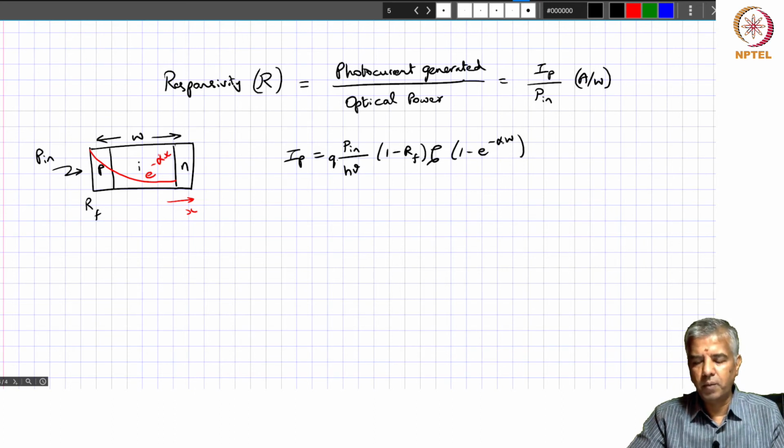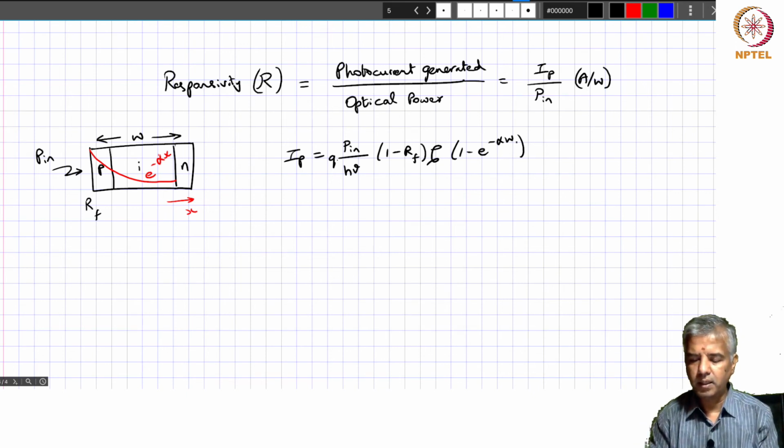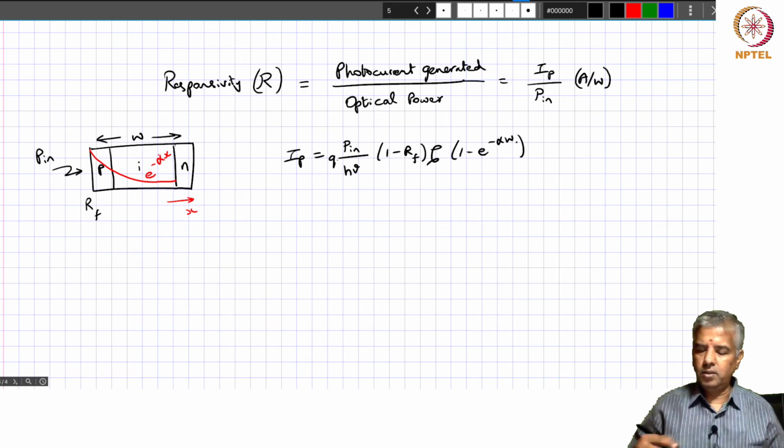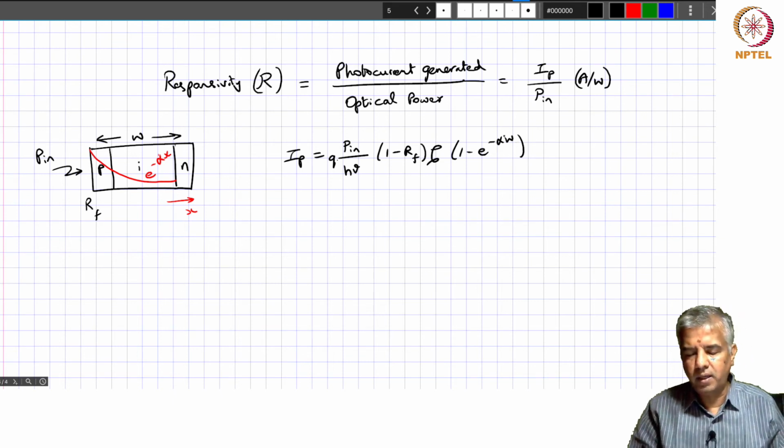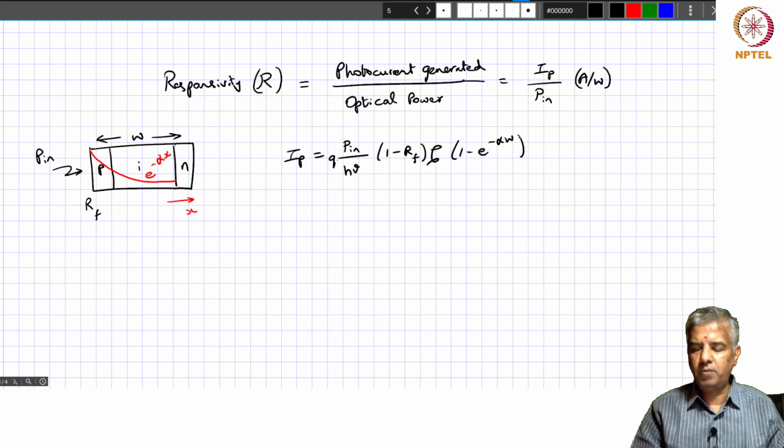Well, if W is small, then e power minus alpha times W becomes a relatively large number, closer to 1. So 1 minus e power minus alpha W, this entire factor tends to be a relatively small number. And if that is the case, then the amount of photocurrent that you are generating is also small. Okay, so that is the trade-off.